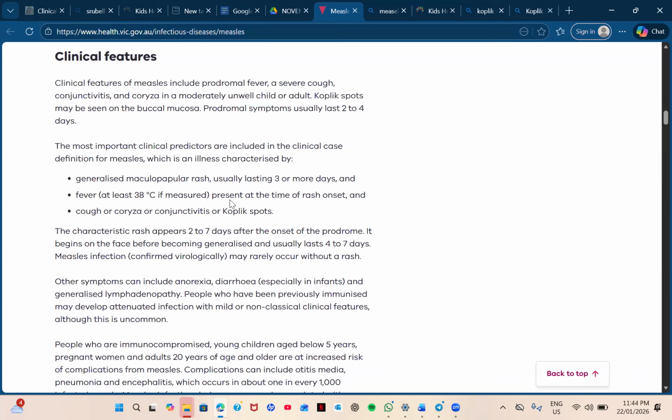So this is very high yield. Please remember these features, right?